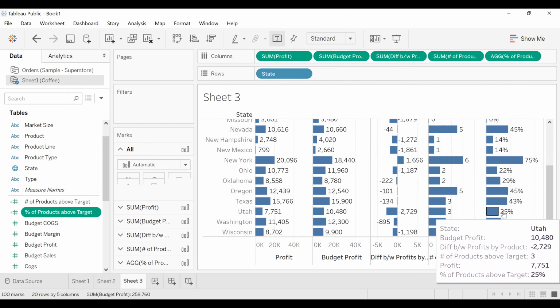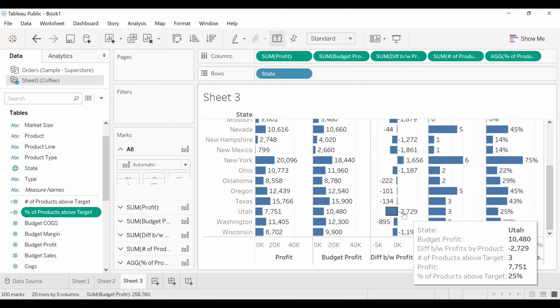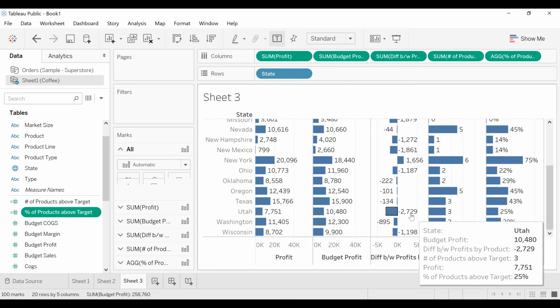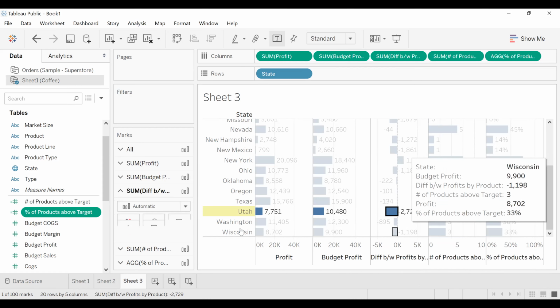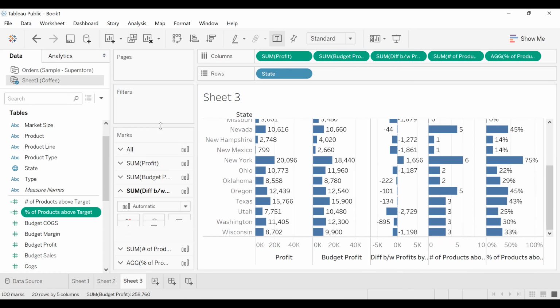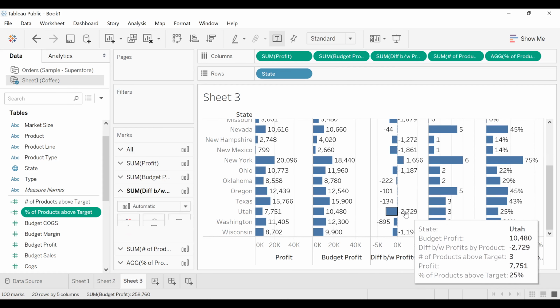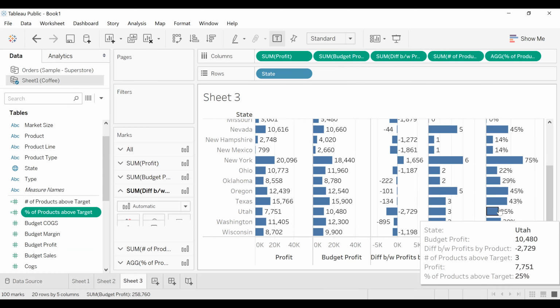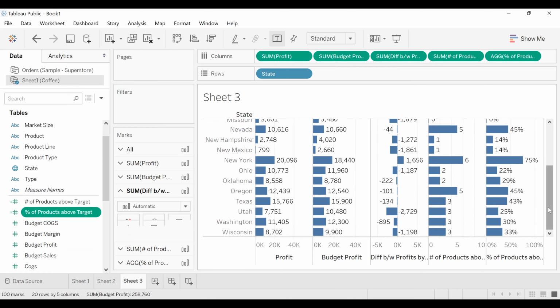When we consider all the products, it is 25% above the target, but it is down by minus 2729, because some products may have done well and are meeting the target, so the percentage is coming to around 25%.